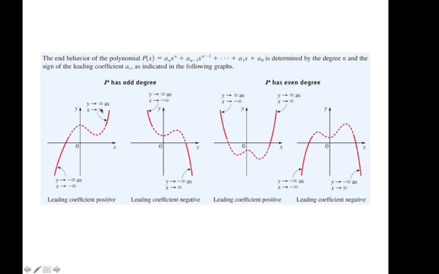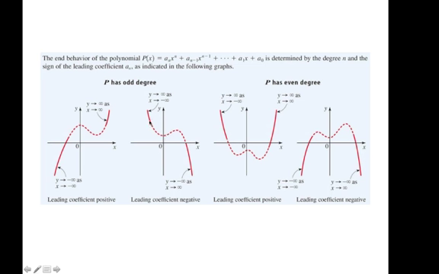So when you have a positive leading coefficient, it's going to go up as you go to the right. So y goes to positive infinity as x goes to positive infinity, and then the opposite is going to happen as you go to the left. As x goes to negative infinity, as we go far to the left, y is going to go to negative infinity.